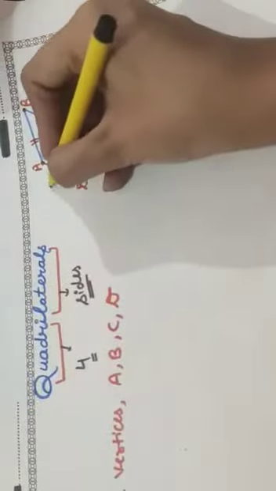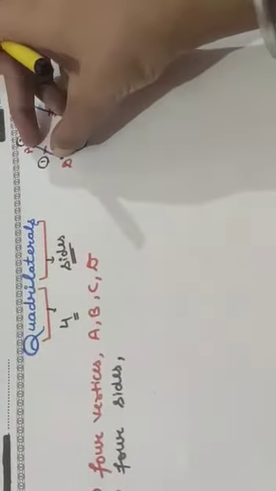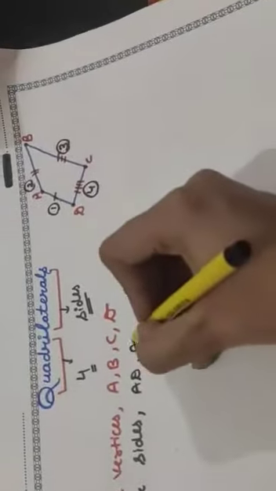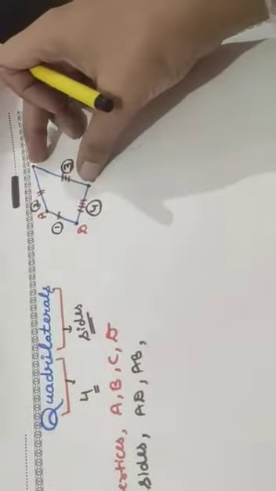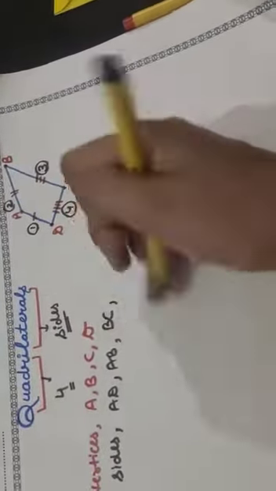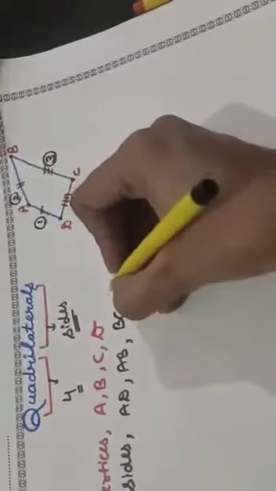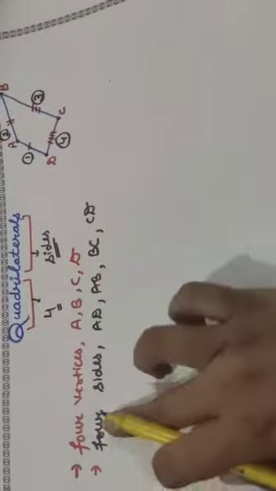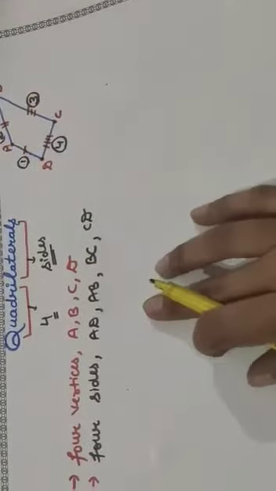First side, second, third and fourth. Hence a quadrilateral has four sides which are named as: first one AD or DA, you can name it AD; second one AB; third one BC; fourth one CD or DC. You can change the alphabetical order, that doesn't affect the side. So the quadrilateral has these four sides.